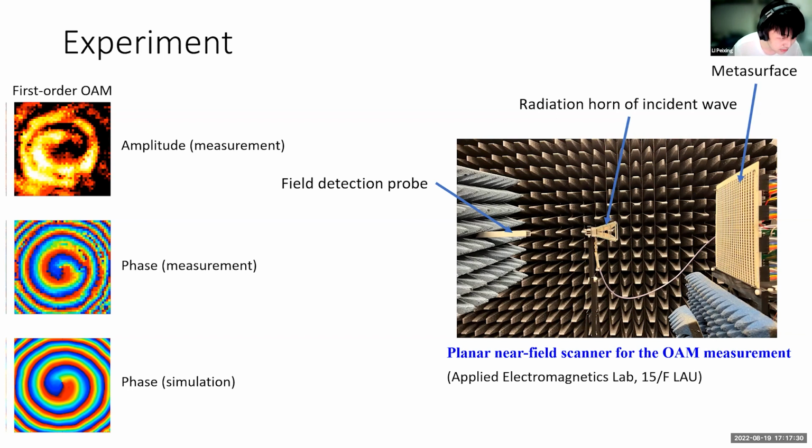It turns around again and again towards the outer side. You can also see that the simulation results and the experimental results are very close to each other. And on the right is a setup photo of our experiment. The probe here can move and scan over the area we need to sample the field data.